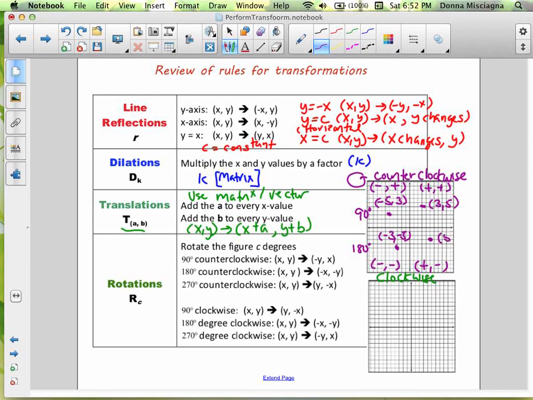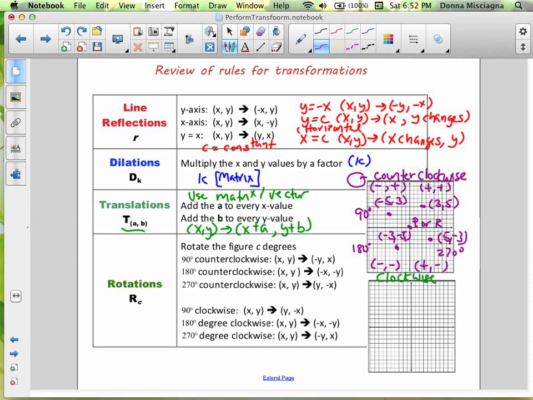So this is the point 5, negative 3, and this is 270. Notice it doesn't form a square, because then they would be making these weird turns. It's just a nice little circle as it rotates around. And this, of course, was our point of rotation because this is around the origin.